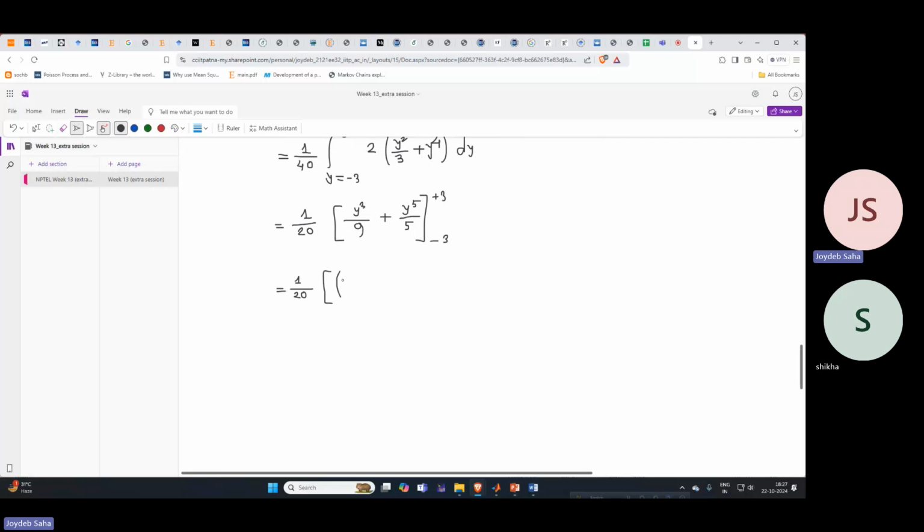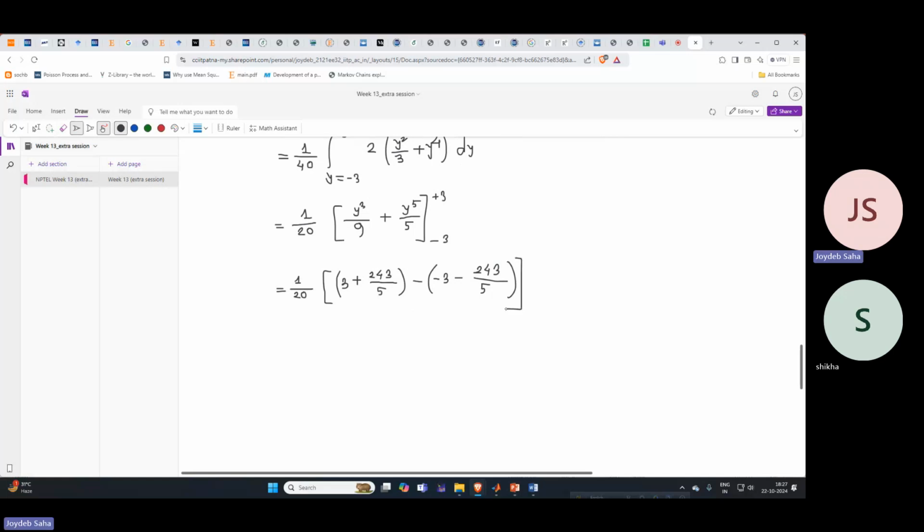So it is 3 plus 3 to the power 5 means 243, 243 upon 5 minus, it is minus 3 minus 243 upon 5.